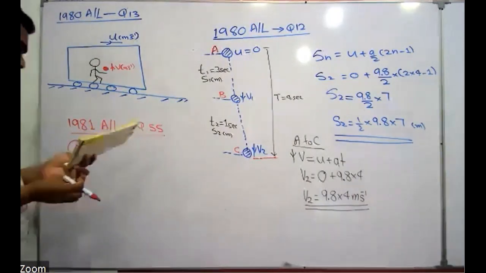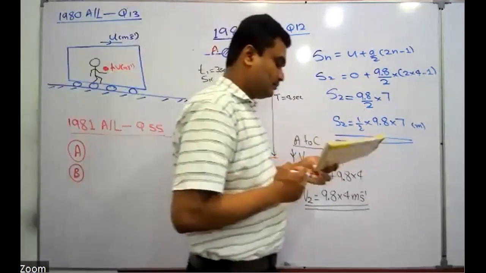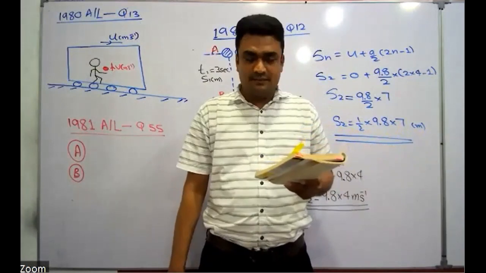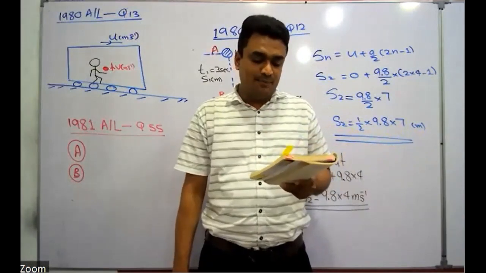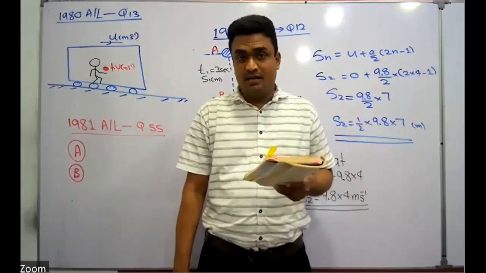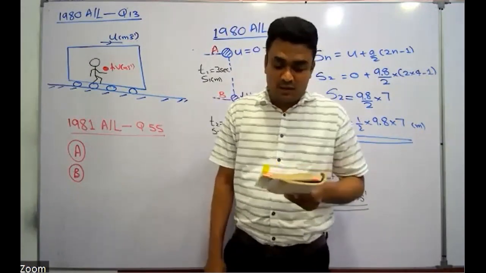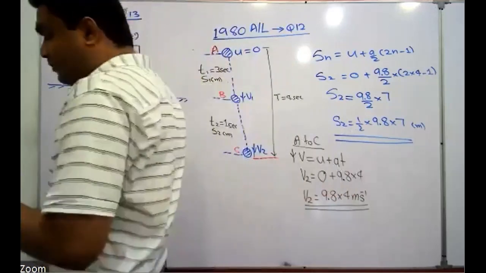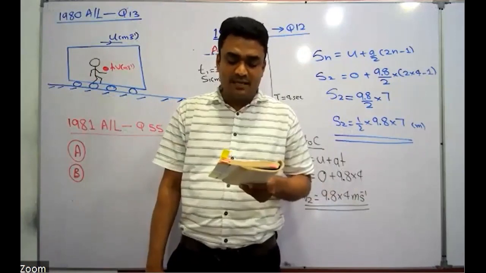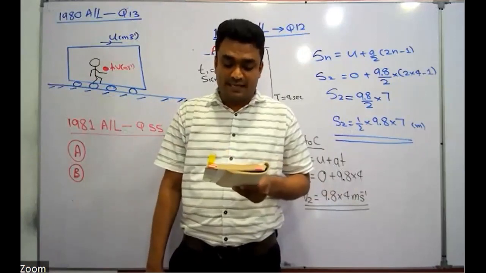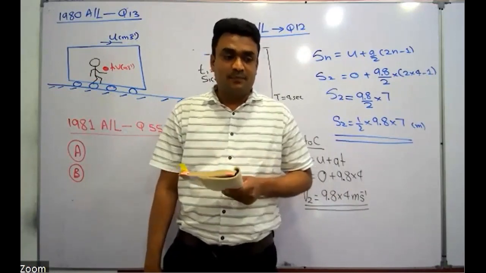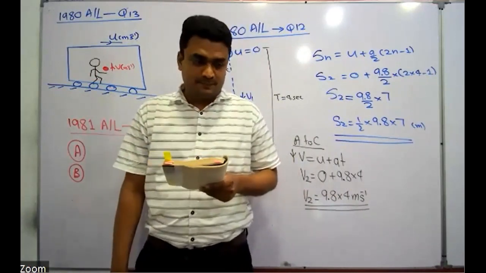Capital B: When X and Y meet, the velocity of X is 10 meters per second.